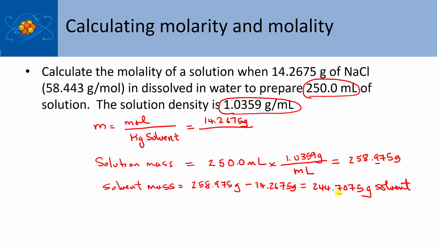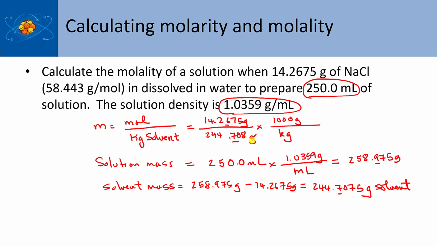So we're going to put 244.7. Let's carry a couple of extra digits, but marking 4 sig figs there, marking 4 sig figs there. This is grams. So there's 1,000 grams for every kilogram of solvent.